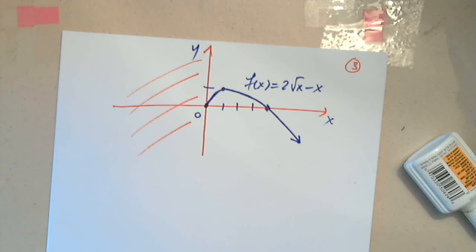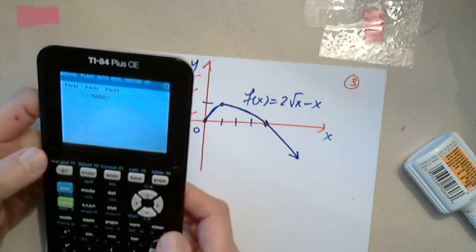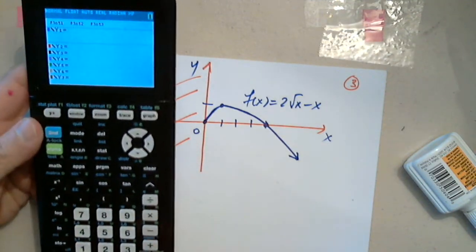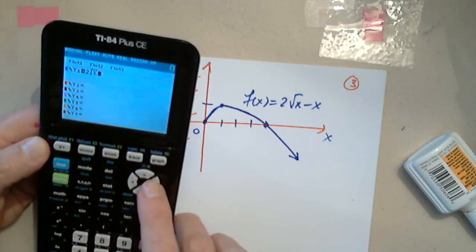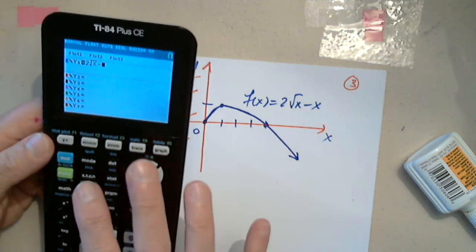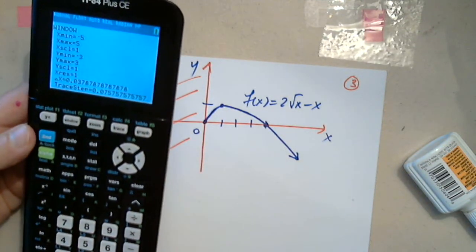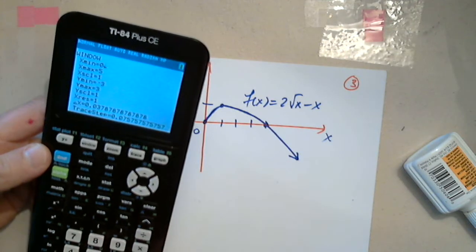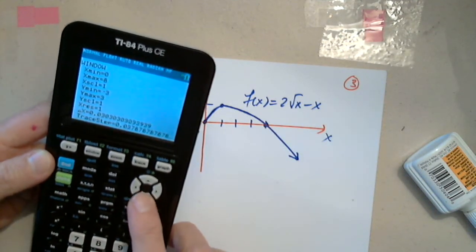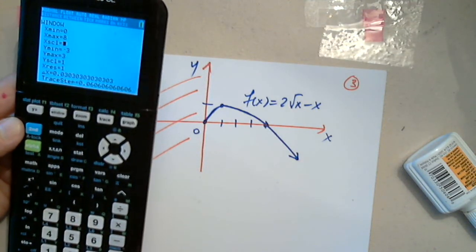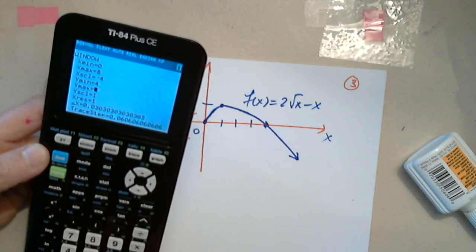You should always check just to make sure there's nothing that can go wrong here for this particular case. But I can plug it into the square root of x and then minus x. I don't care for the viewing window to the left hand side. I only care about 0 to 8 with a scale of 1 and -4 to +4 with a scale of 1.